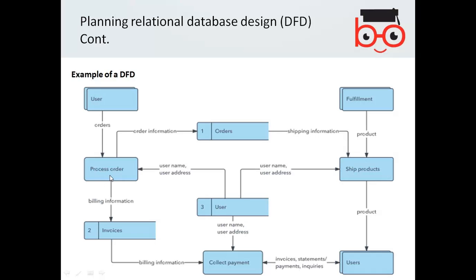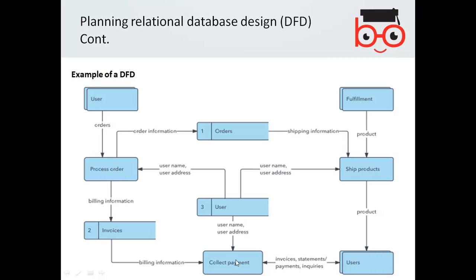The process order is providing the billing information to the invoices. The process order is giving the order information to the orders. Probably the invoices are providing the billing information to collect payment, and users interact with the collection payments.